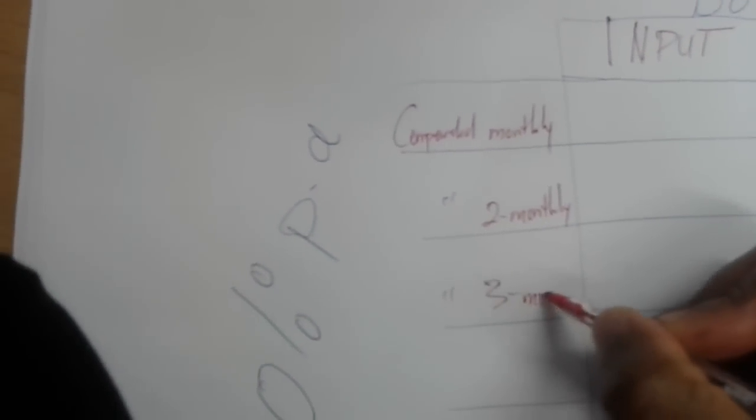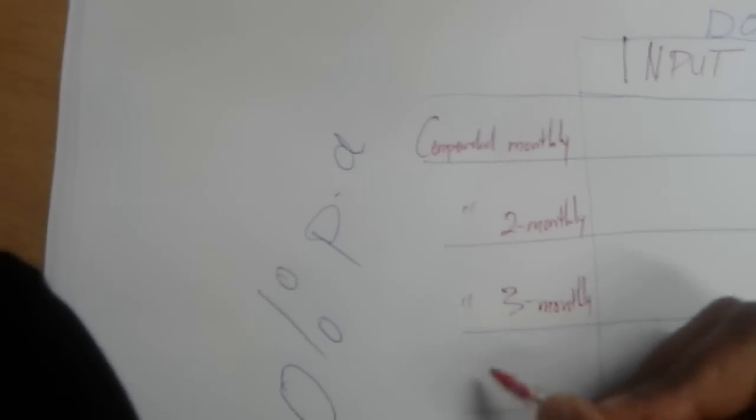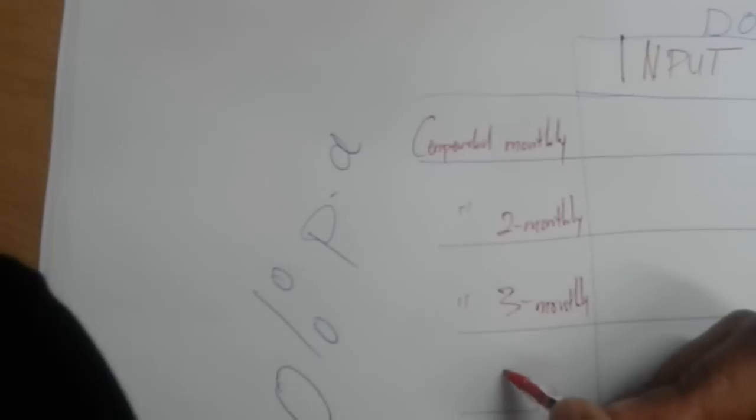C, compounded 3 monthly or quarterly. Compounded 4 monthly, compounded half yearly, and finally compounded yearly. Remember, like I said, it's for those who don't set their calculator.